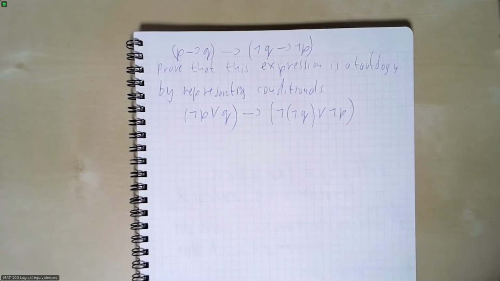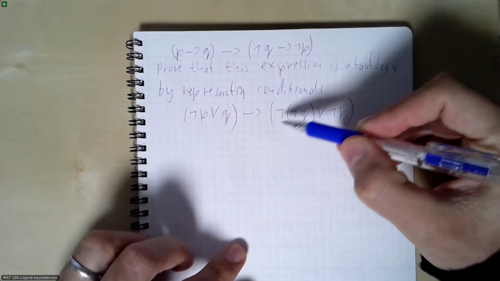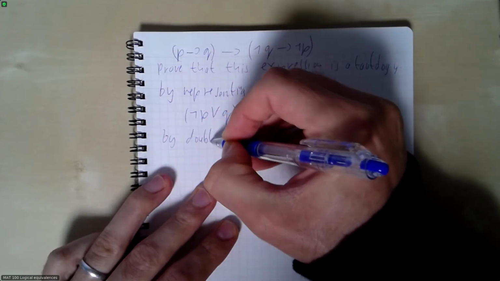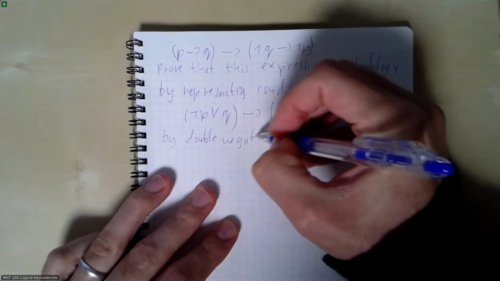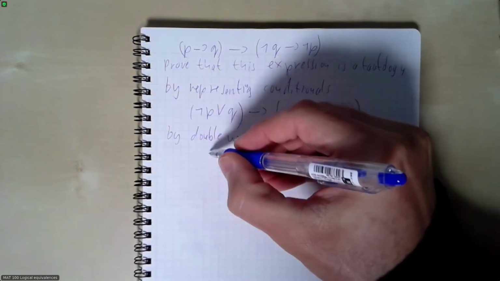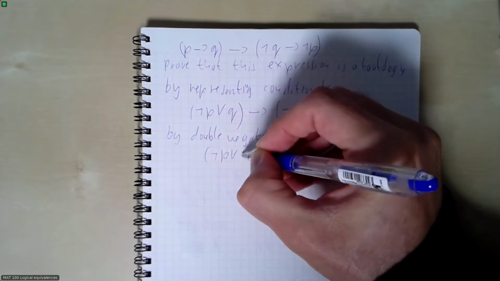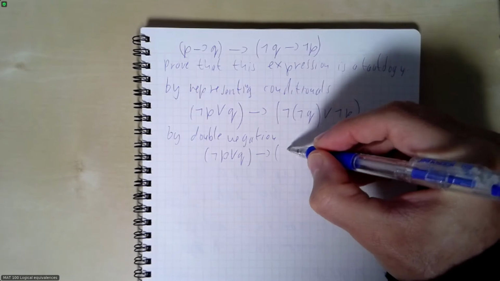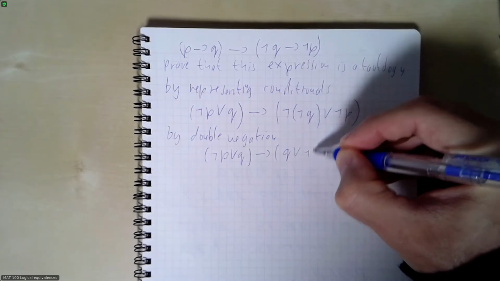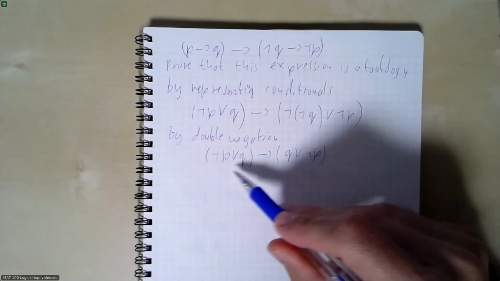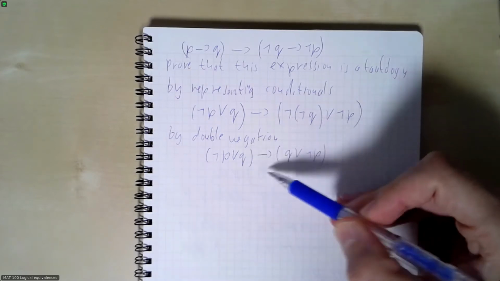Okay, so the next thing is that I realize I have a double negation here. So by double negation, I can simplify. Then I have not P or Q, then Q or not P. So now again, representing conditional, because now I have this big conditional.